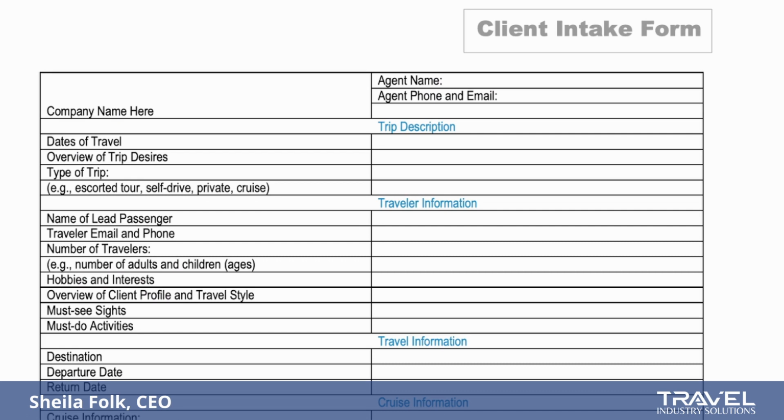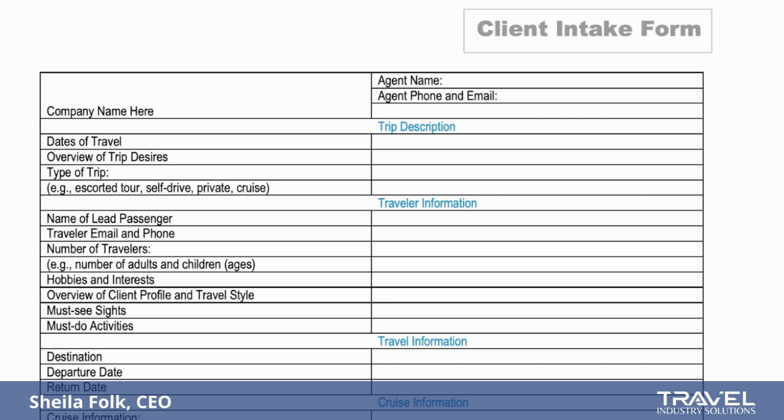First, you're going to use this as a guide during your discovery call. In addition to all of the great qualifying questions you'll have for your customer, such as what they hope to get out of their experience, you're going to ensure you don't miss the finer details about their preferences, their must see sites, their bedding configuration, their dining times, and so forth.